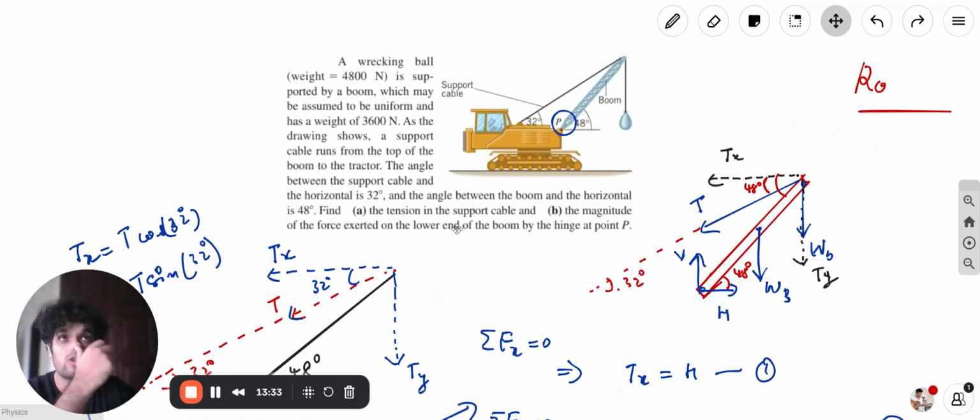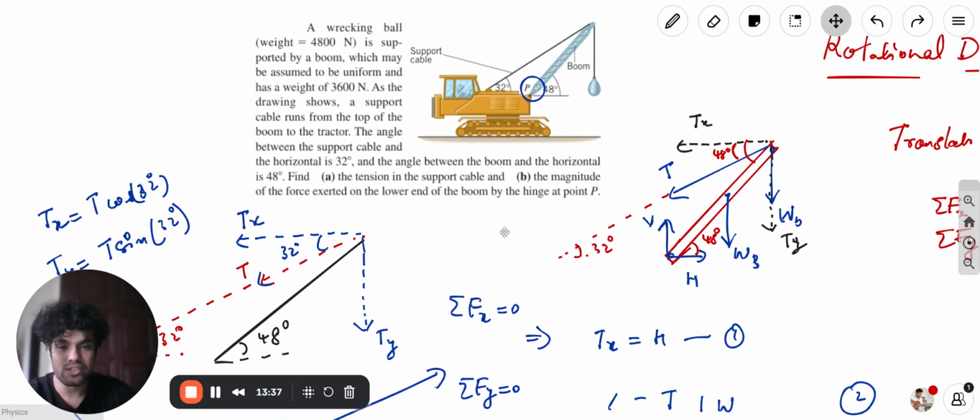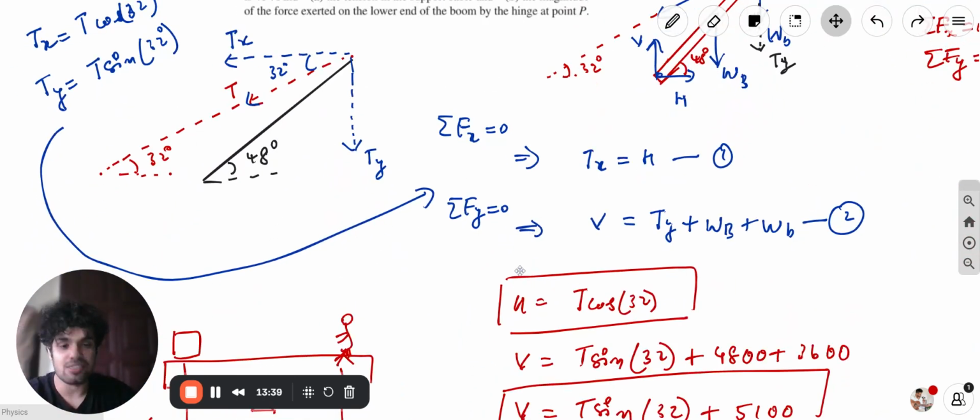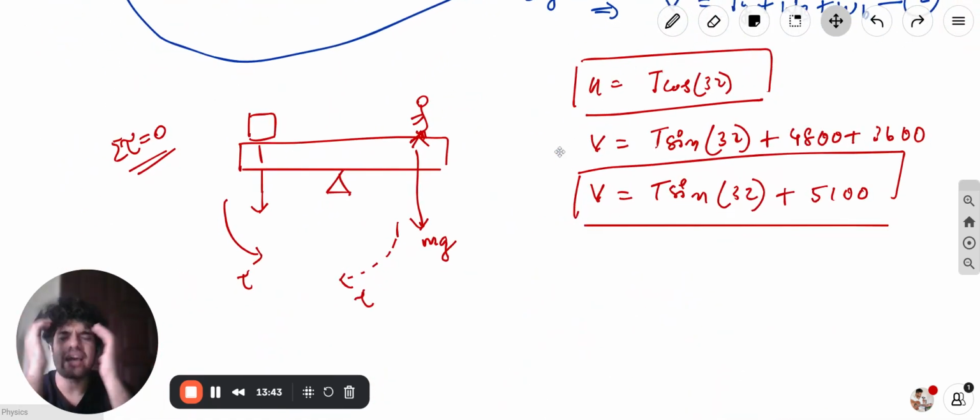In order to check the torque acting on the system, we need to find out the axis of rotation. This is very important. We need to find out the axis in which the object might rotate. The good thing is that you are at liberty to choose the axis wherever you want.